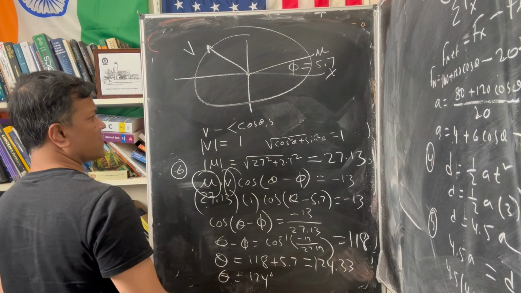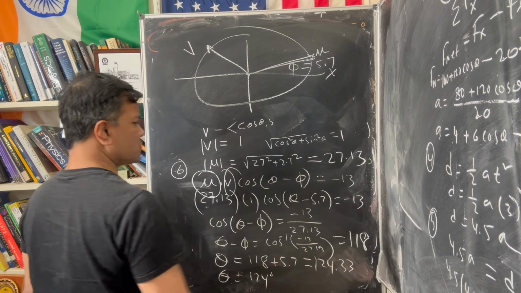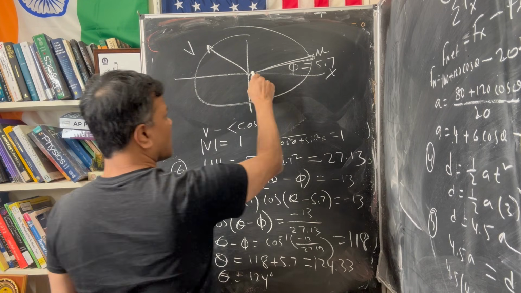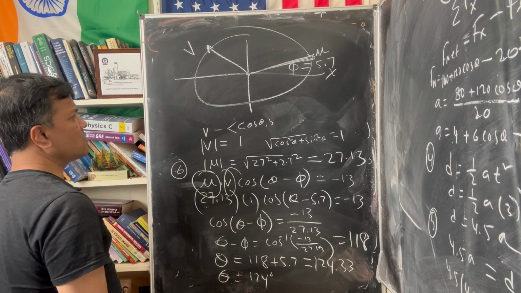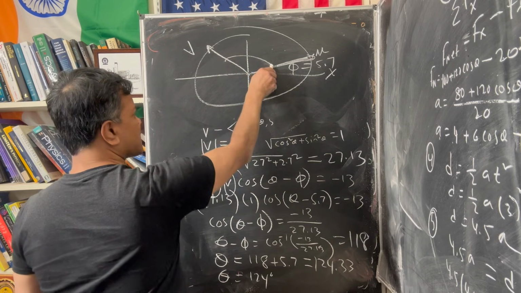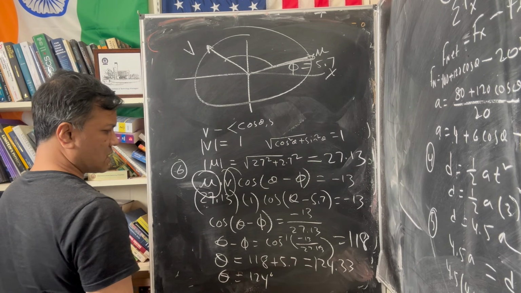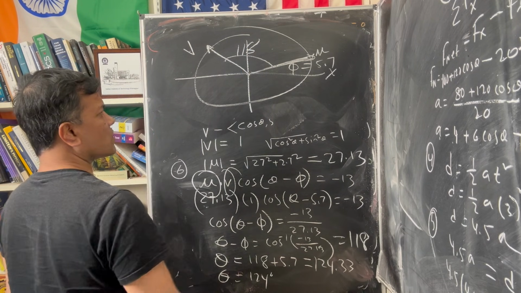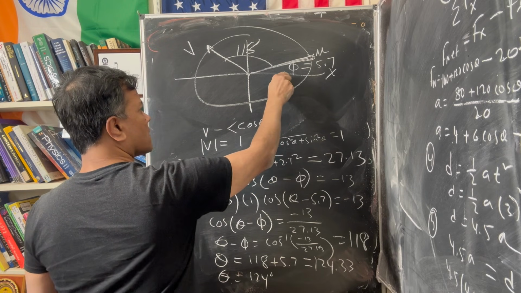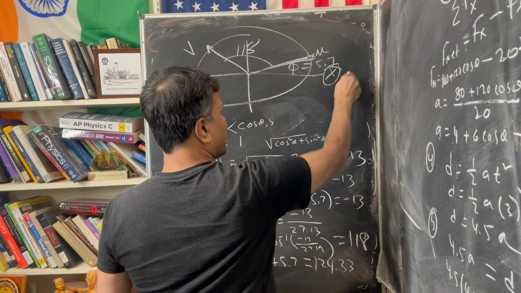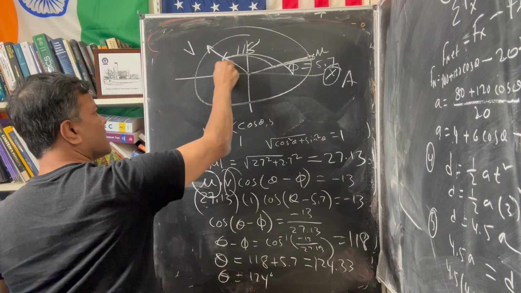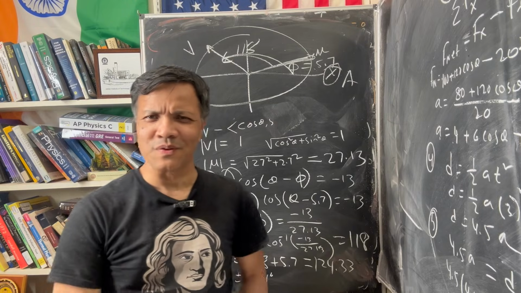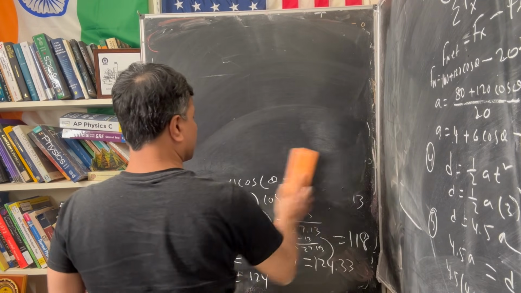What is the magnitude of u? 27. What is the magnitude of v? 1. All right, now we can find the angle, right? The angle is 118. So what is the angle from vector A to vector B? 5.7, 118. See, we put them together nicely.